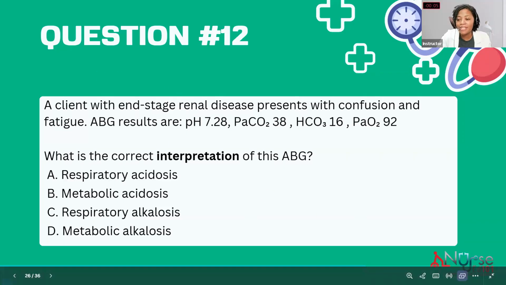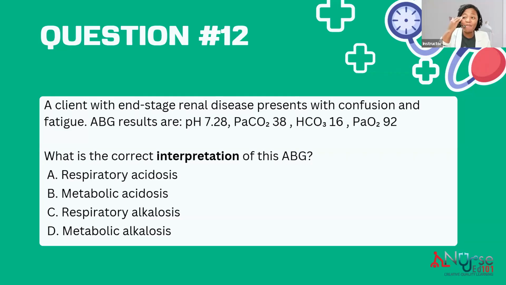All right, so time has expired. I see answers in there, and I am very, very happy to see what I see. First and foremost, strategy: nothing is telling us anything related to respiratory. This is not a respiratory issue. They have end-stage renal disease, which is a metabolic condition. The first thing when we interpret, go to the pH.